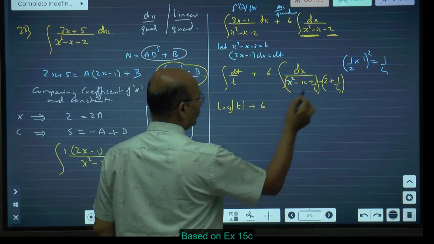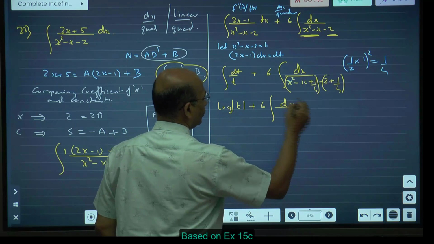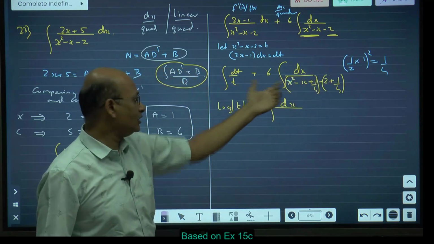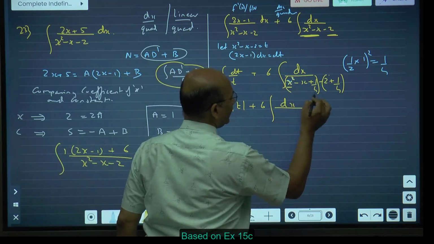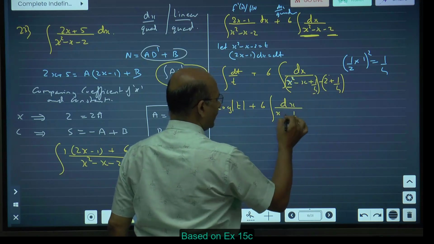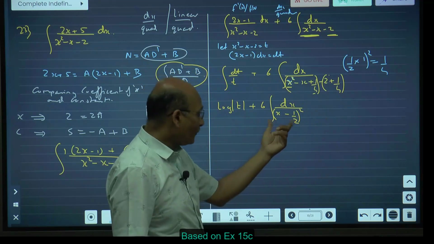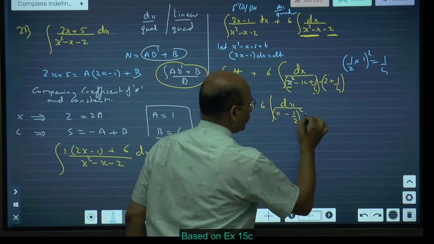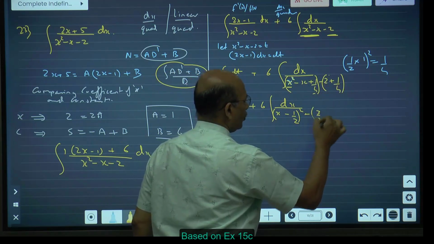Now pay attention. I am in no hurry to solve this out. dx upon, now why do I do this addition and subtraction? Remember, same thing I am going to explain again. This is a perfect square, x minus 1 by 2, whatever the sign is, whole square. Believe me, open this up and you will get this. Then plus, 4 twos are 8 plus 1, 9. So (3 upon 2) whole square.